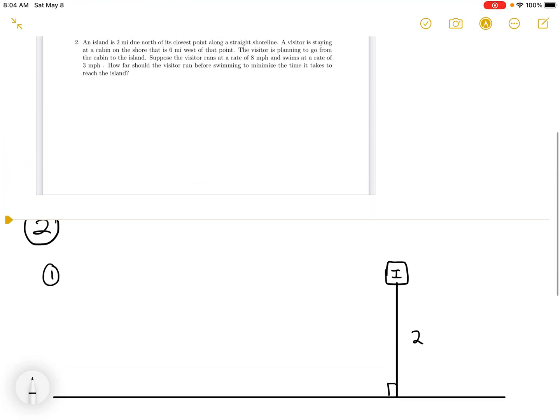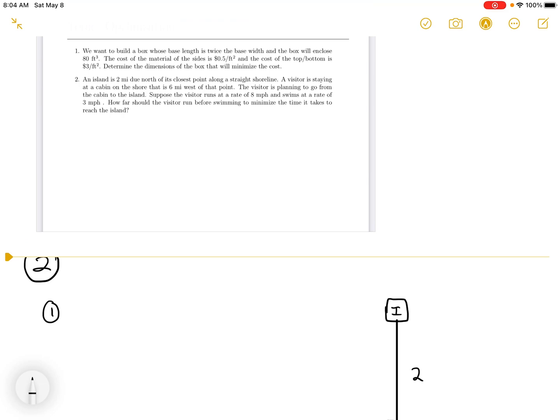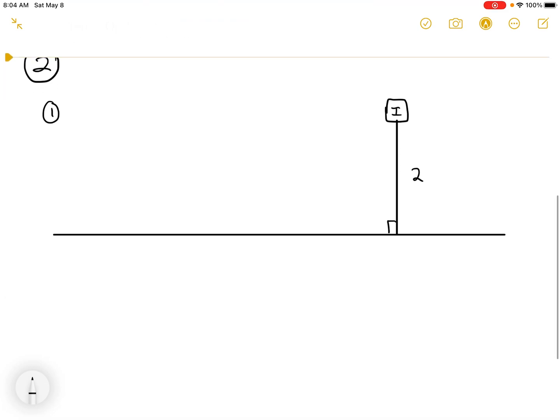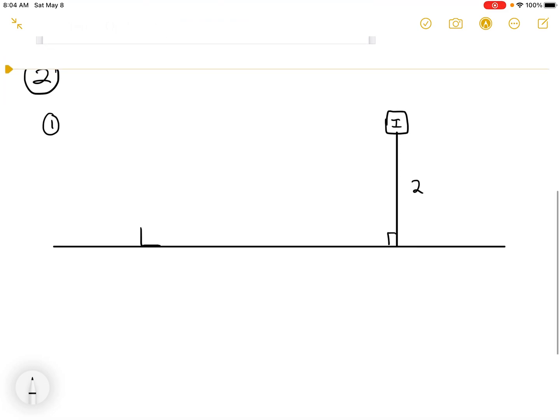And then it says there's a cabin 6 miles west of there. So down here is a cabin where you're staying, and it is 6 miles west. Okay.